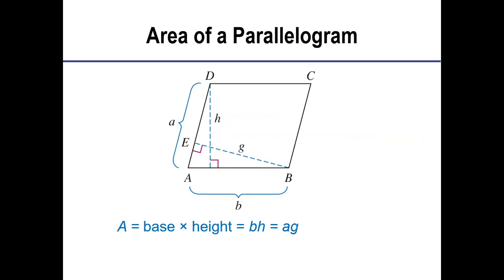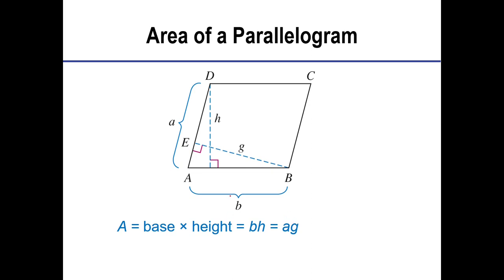The area of a parallelogram is just base times the height. Here the base has a length of b and the height has a length of h, so the area is just b times h. You can also view it in a different perspective. If the base is a and the height is g, the area can also be written as ag.